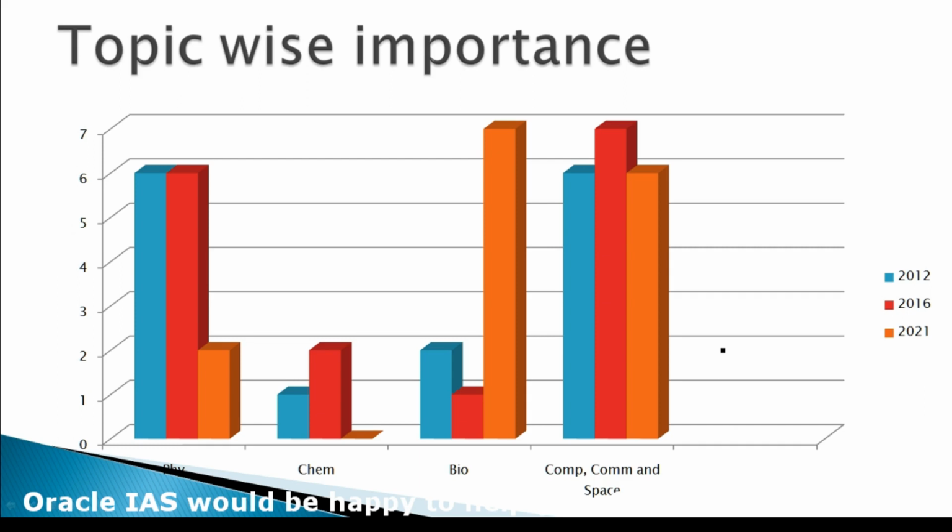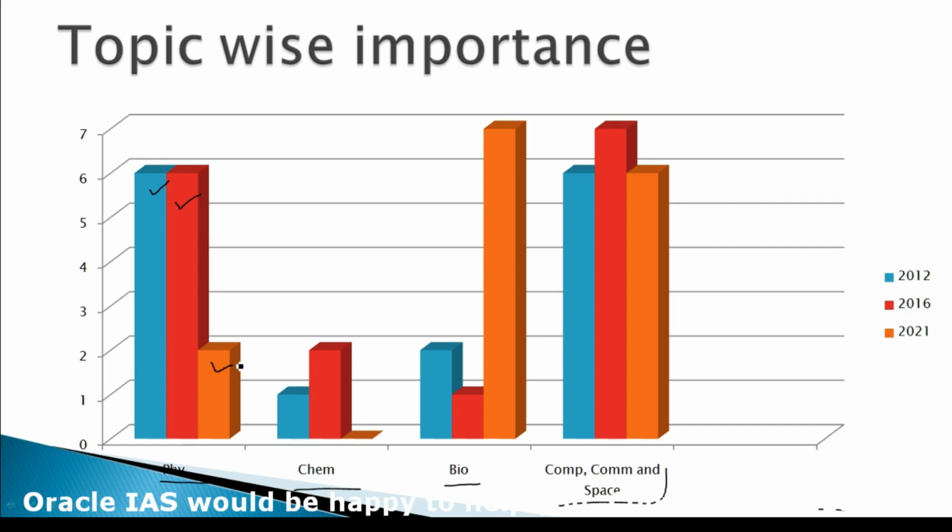Now, going topic wise, what sort of questions can you expect? What was the topical composition in different years, let us see that. So again we have divided in the same scheme. If you see, computer science, communications and space, biology, chemistry and physics, and of course these denote different years. So this color is 2012, 2016, 2021.